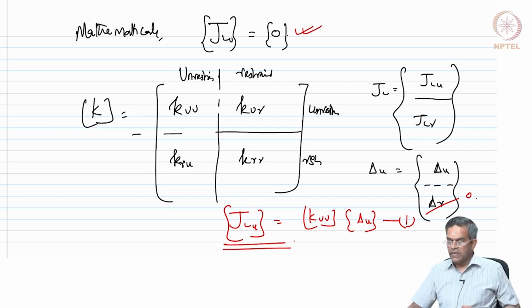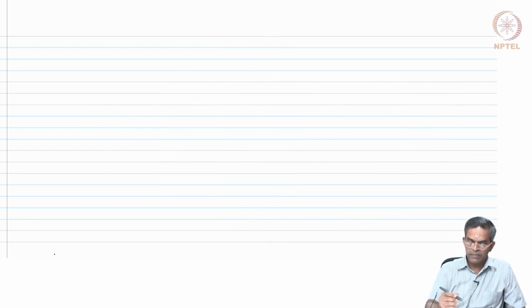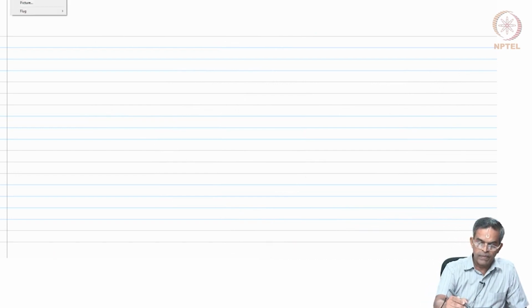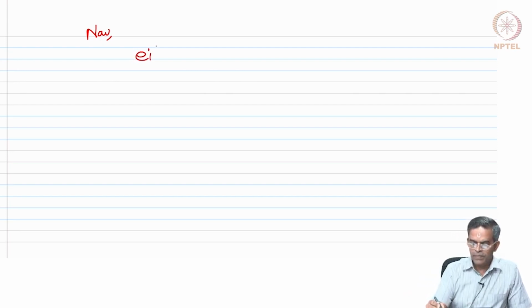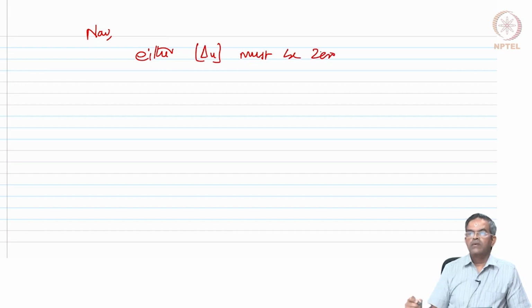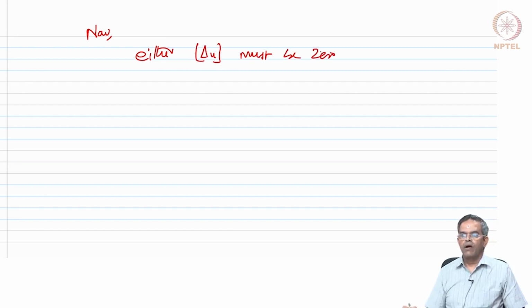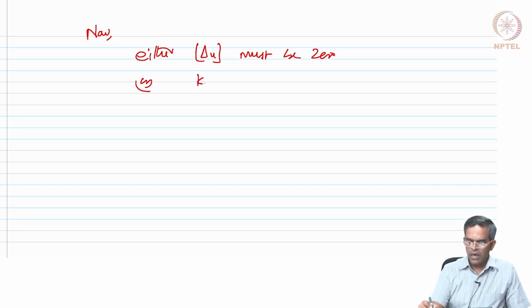This equation left hand side is 0, which implies the fact that either del u must be 0 or KUU should be set to 0.